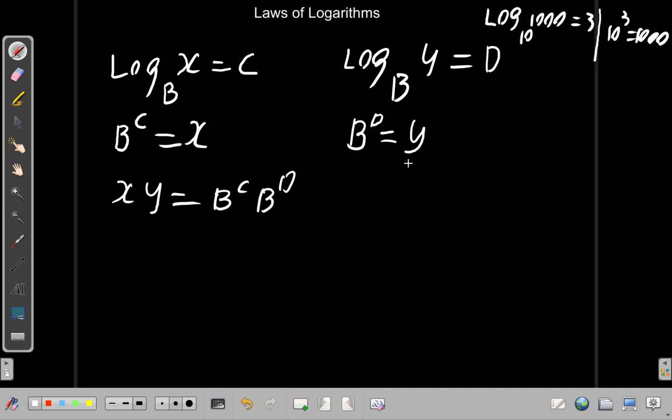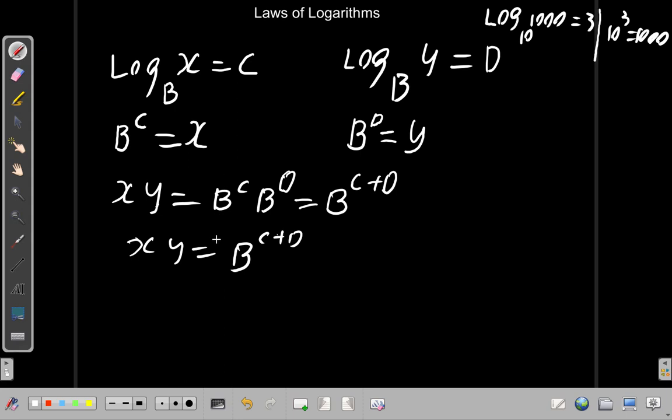Now, recall, when we look at indices and we multiply a number raised to one index times the same number raised to another index, remember what you did? You keep the number, and you add the indices. So in this case, you have c plus d. All right? So therefore, what you really have here is xy is equal to b raised to the power of c plus d.